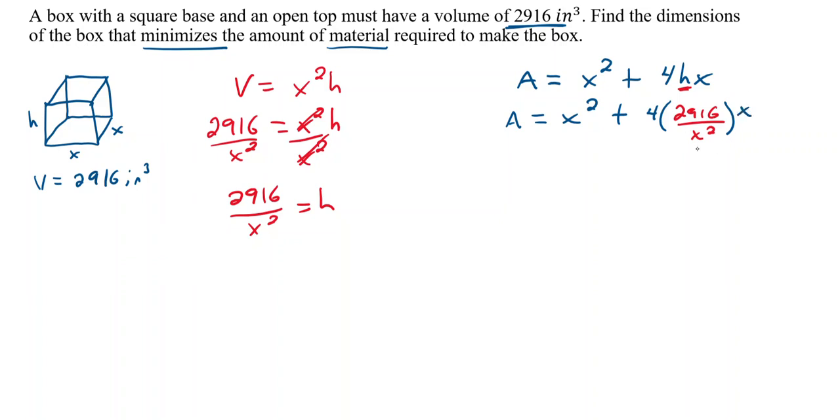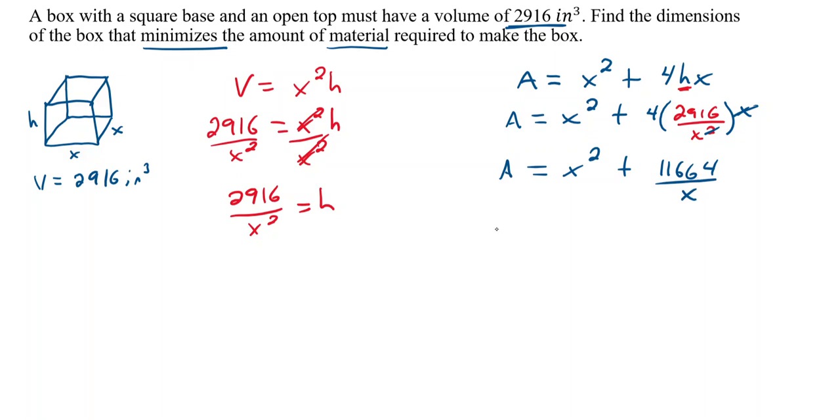You can see what happens here. We have x squared in the denominator and x in the numerator, so I'm going to cancel those. So we just have x in the denominator now. Simplifying this a bit, we get area is equal to x squared plus, and 4 times that is 11,664 over x.